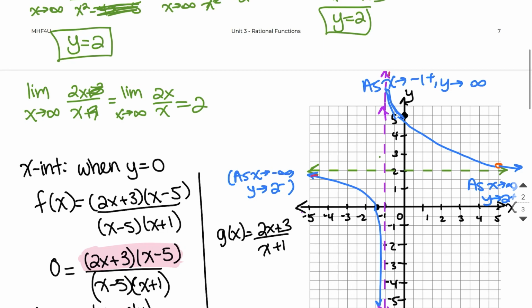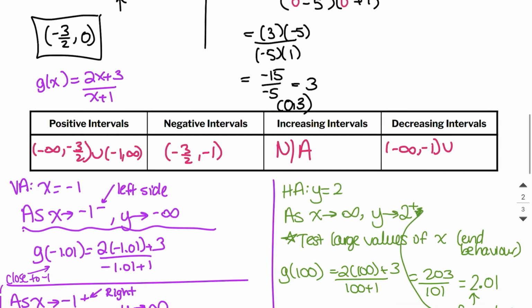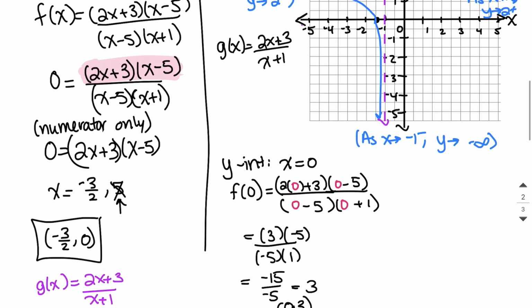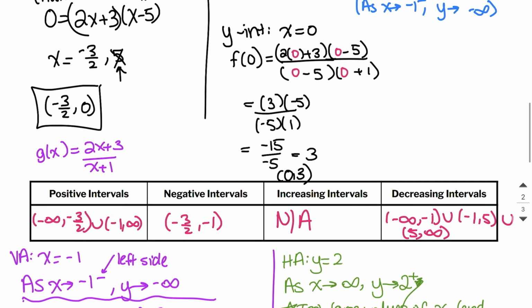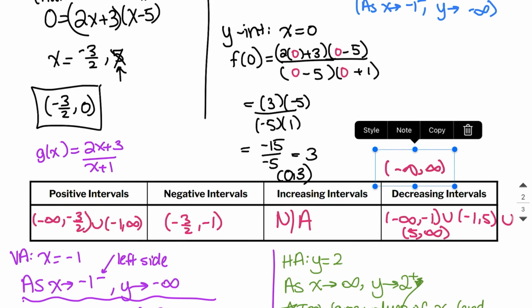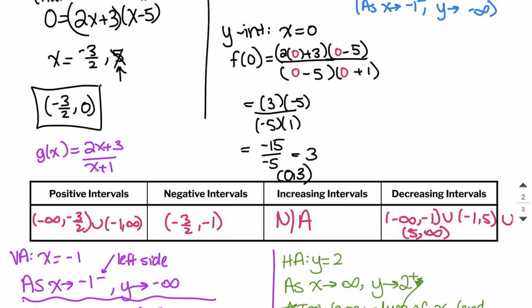Then it's decreasing again from -1 until my hole, which is at 5. And then after that hole, it's decreasing from 5 to infinity. So pretty much it's always decreasing. However, we cannot say from negative infinity to positive infinity because we have points that are undefined in our graph.